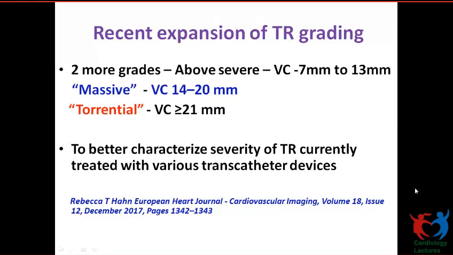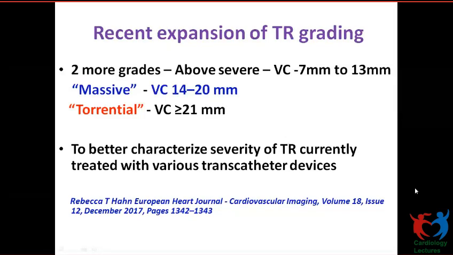Ma'am, if there is RV dysfunction, or if the annulus is dilated more than 21 mm per meter square, in a patient with severe TR. If you are going in for mitral valve surgery, definitely you have got to address the tricuspid valve. Even if it is mild or moderate TR with annular dilatation, 21 millimeter per meter square, that is an indication for repair.